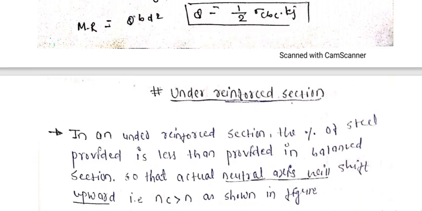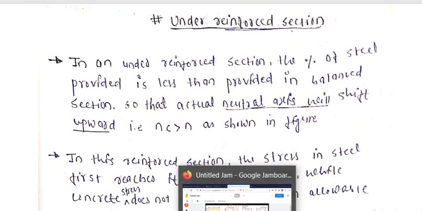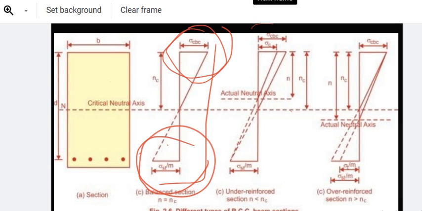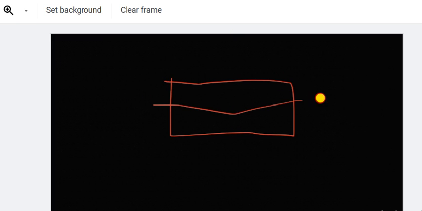Next, let's talk about the under reinforced sections. Well, this one is very interesting. Again, let's see an example. It is a type of section in which the percentage of steel is less, meaning there is less steel bar. Let's understand it through an example. Suppose a rectangular beam where a neutral axis is passing.